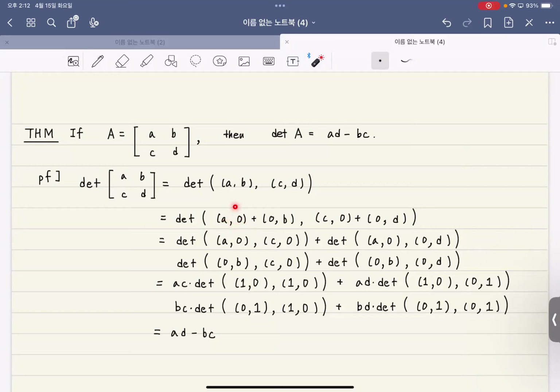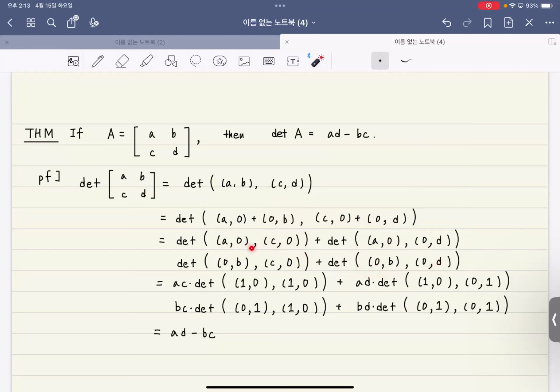The first slot is nothing but the sum of two vectors, and so is the second. If I expand this, then I will get 4 terms by multilinearity: the determinant of this one and this one, this and that, the third term, and the last one.